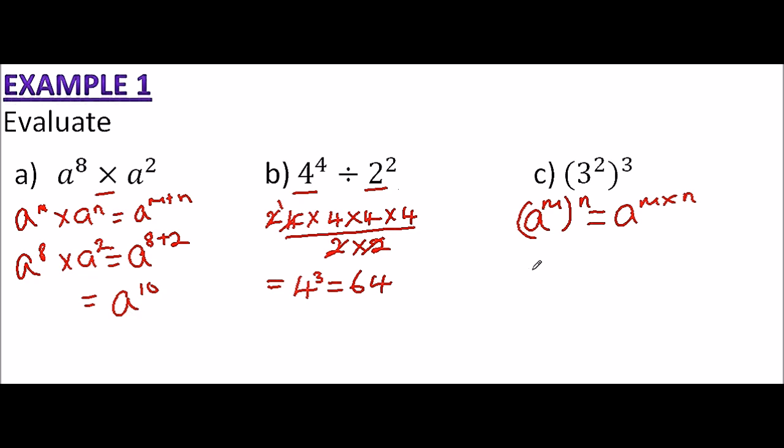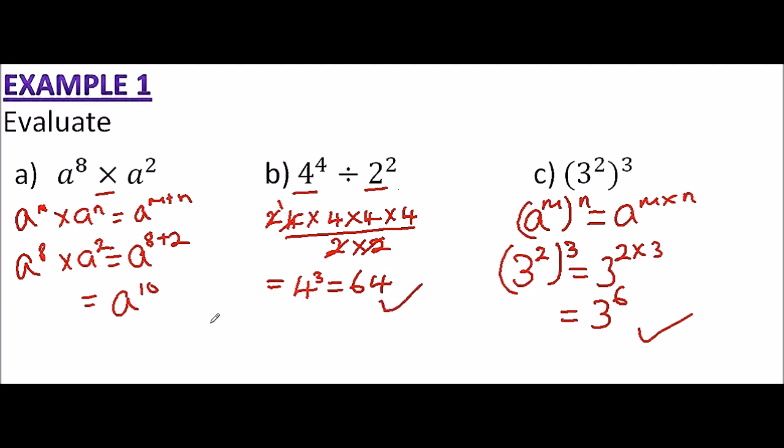Once you understand, you just need to apply it directly. So we have 3 to power 2, in brackets, to power 3. This is equal to 3 to power 2 multiplied by 3, which is equal to 3 to power 6. So that's how you work out that problem.